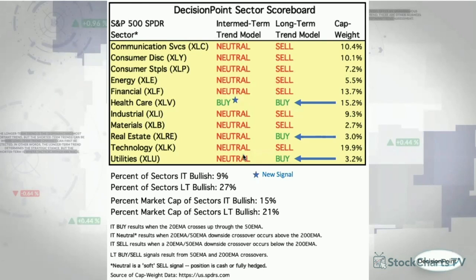All right, so this week we did actually get a new buy signal, and that was in the healthcare area. You can see that we already had long-term buy signals, and they are still in place for healthcare, real estate, and utilities.